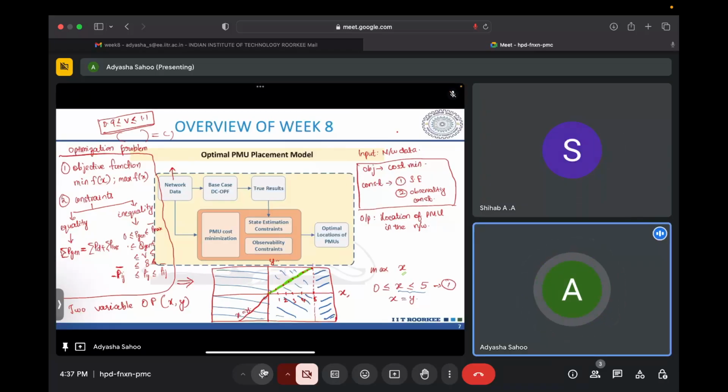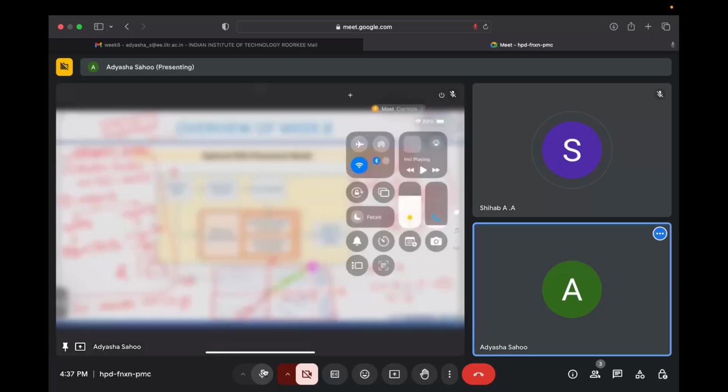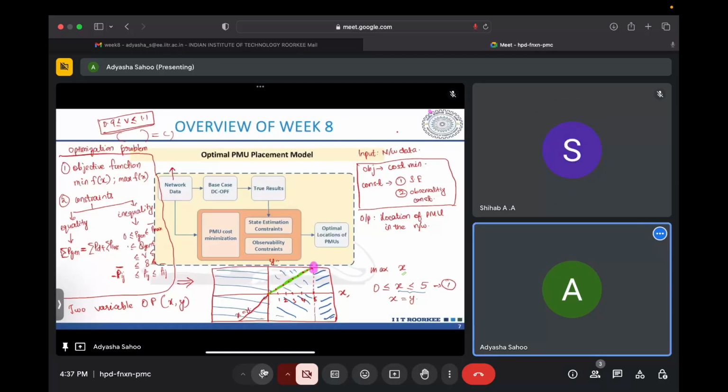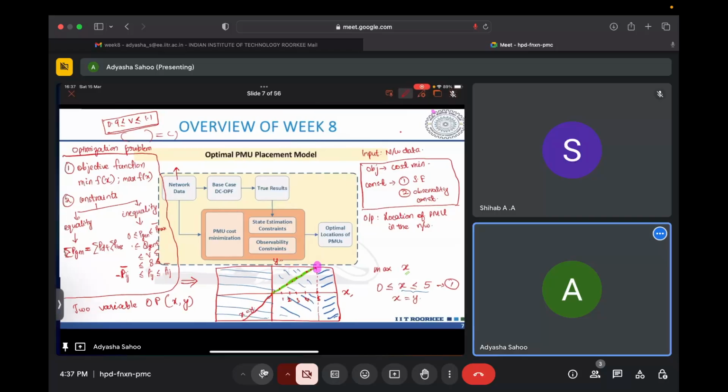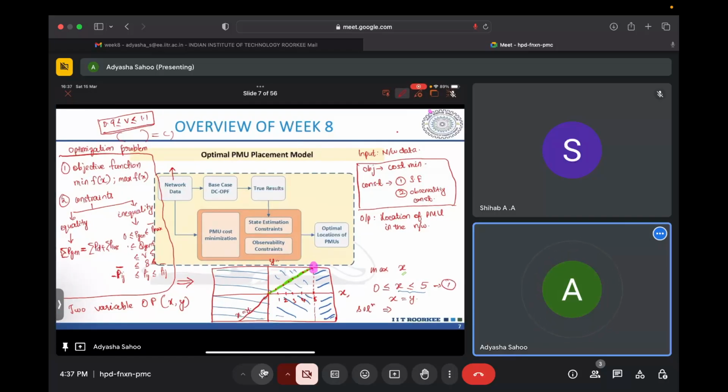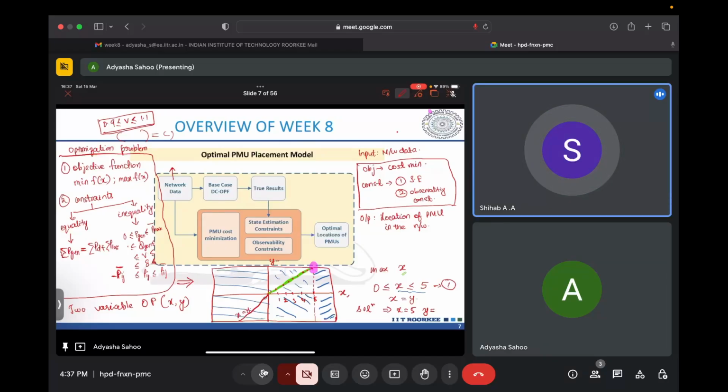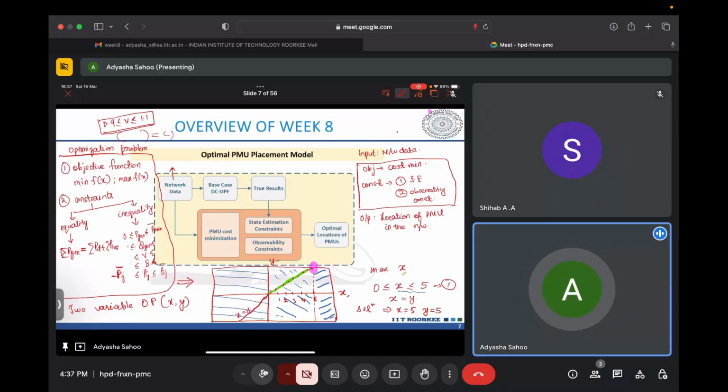Yes, this point. Your solution is when X equals 5. And when X equals 5, what will be the value of Y? Y is also 5, yes, because we have the constraint X equal to Y.